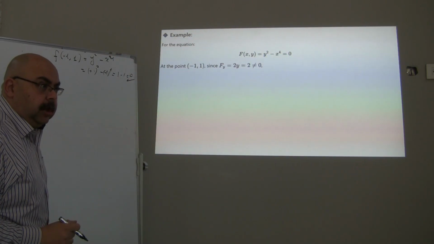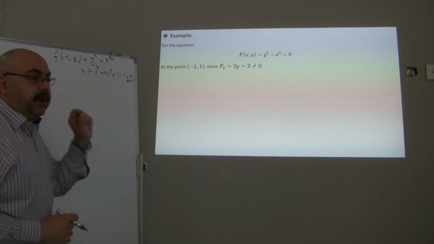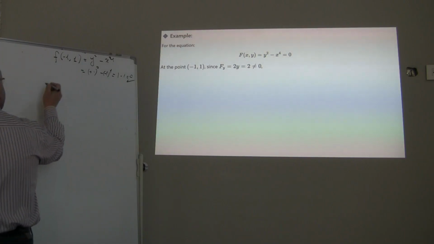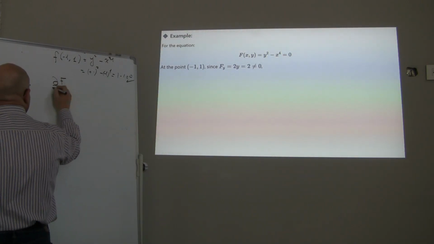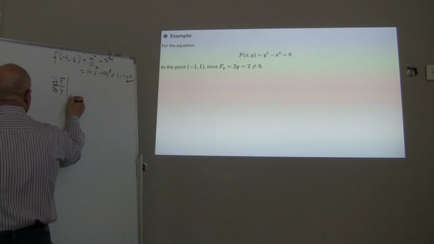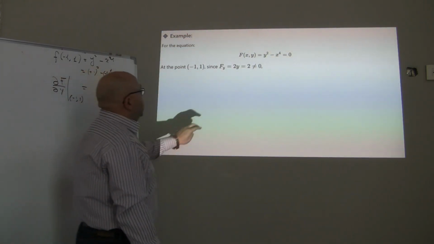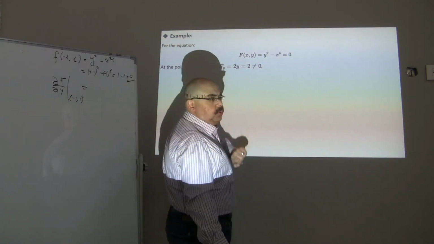The second check: I will get the derivative of this function with respect to y. Let's do it. Partial f partial y at the point (-1, 1). Differentiate this function with respect to y.